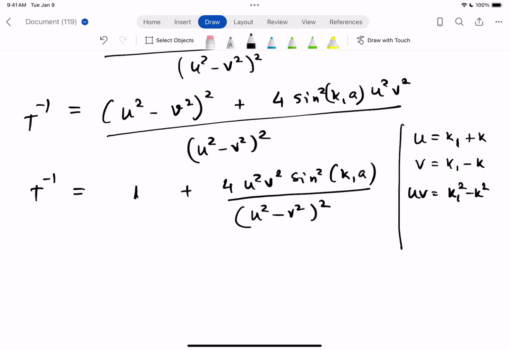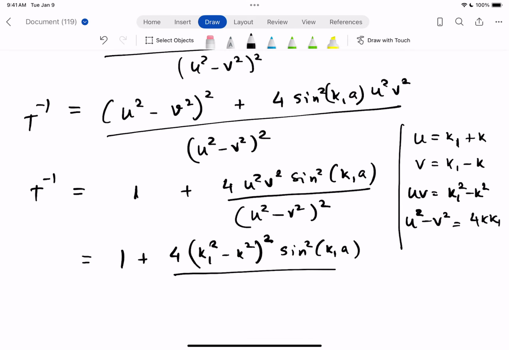And what about u square minus v square? If you square u and square v and subtract, you're going to get 4k k1. Okay, so that's all we need to do. We just need to plug those in. So 1 plus 4 u square v square is k1 square minus k square whole squared, sine squared k1a divided by 16 k square k1 square.